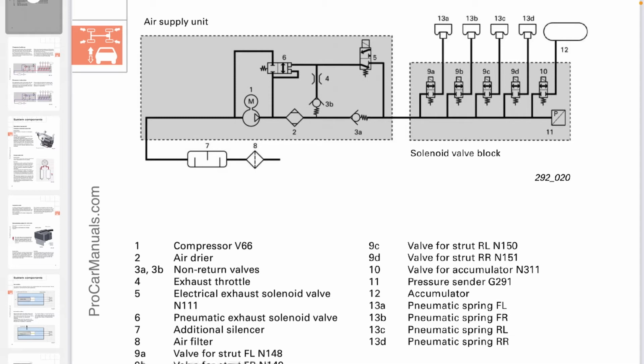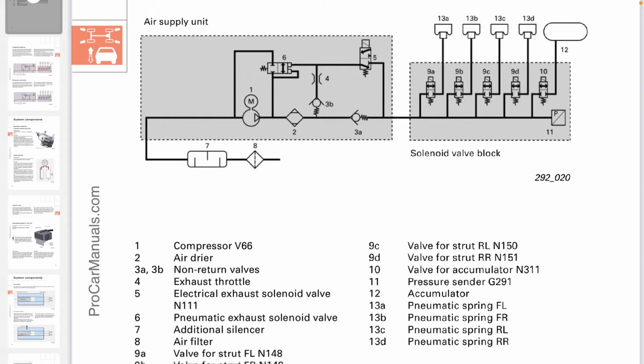And if that pressure is higher than 3 bar, the accumulator will fill the air spring. If not, the compressor will run every time with a lot of frequency, and then it can overheat.